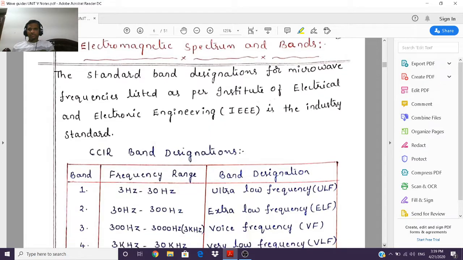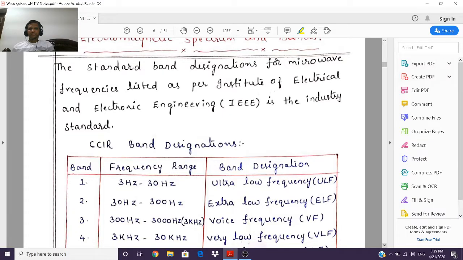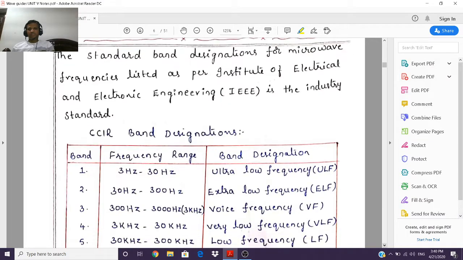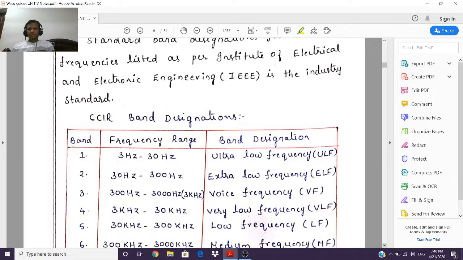Now after seeing this electromagnetic spectrum, we'll move on to the different types of band designations given by various industry standards. This particular band designation is given by CCIR, the Consultative Committee for International Radio, and this is the most important band designation.